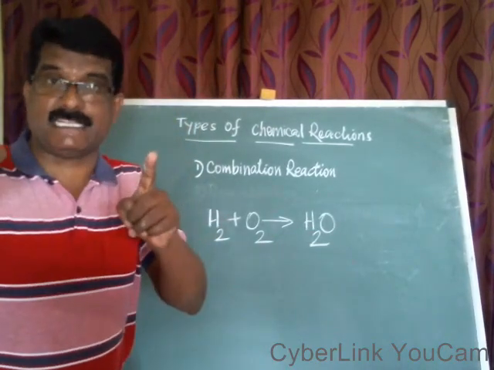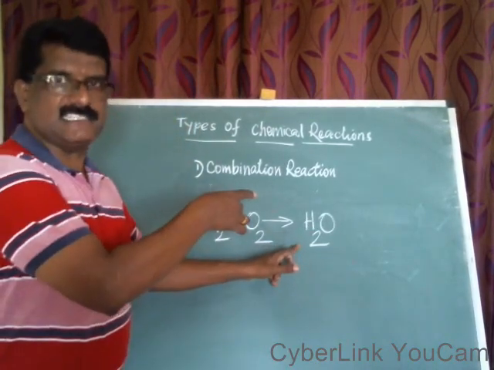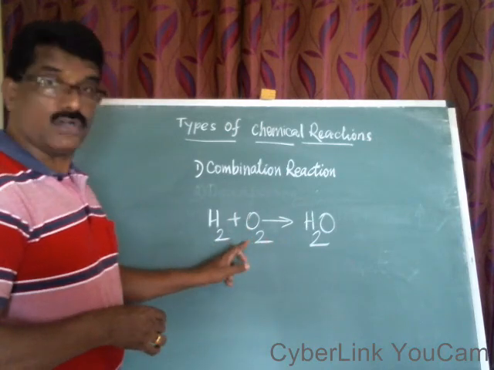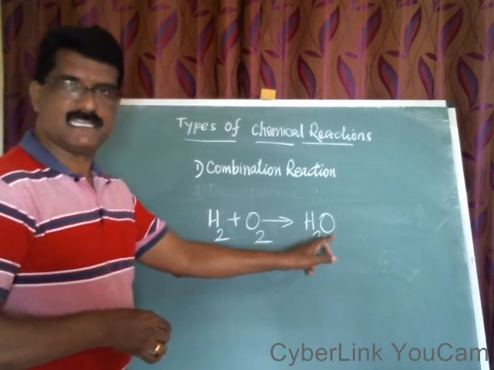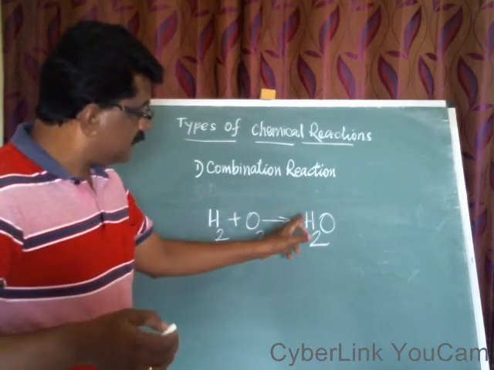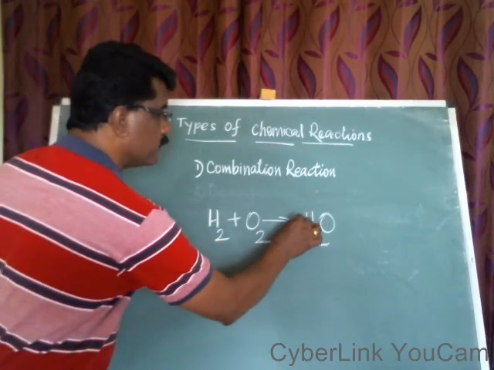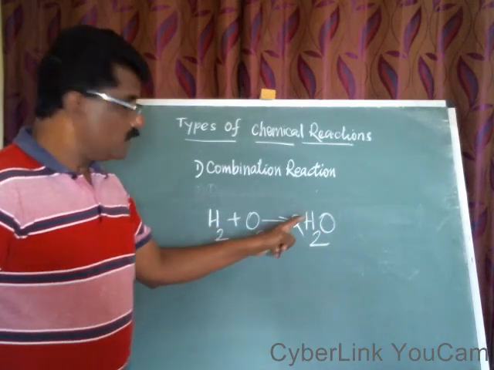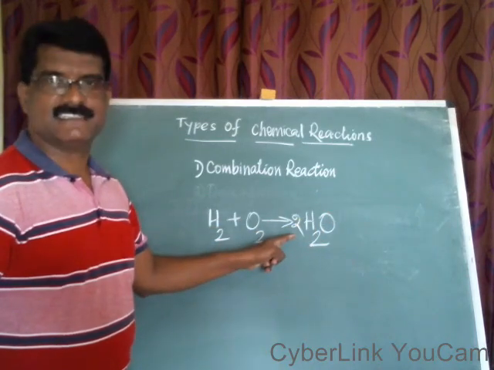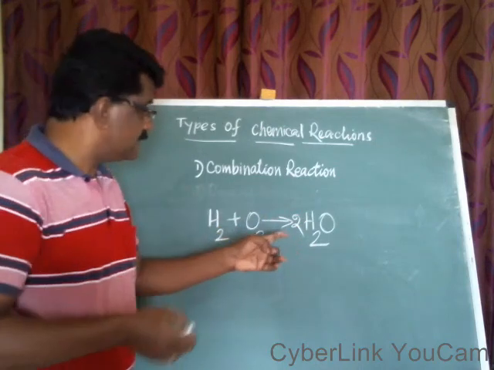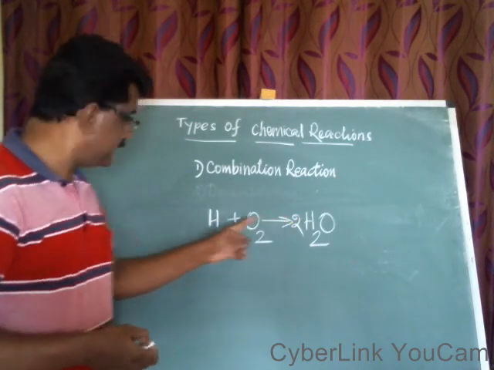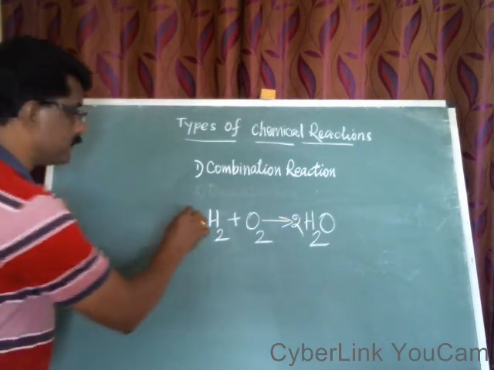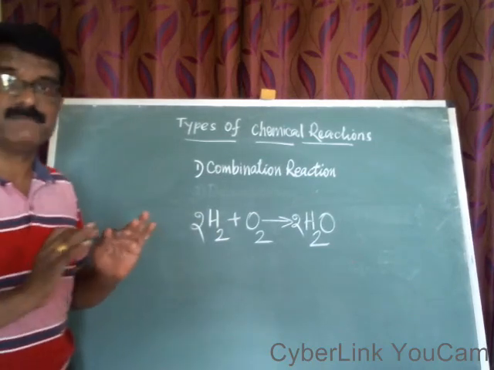One product is forming. We have to balance this equation. Here there are 2 oxygen, here only 1 oxygen. So how can we make oxygen 2? Simply put 2 here. So 2 oxygen, 2 twos are 4 hydrogen. Therefore, how can we balance it? 2 twos are 4, but here only hydrogen 2. So put a 2 here. Now the equation is balanced.